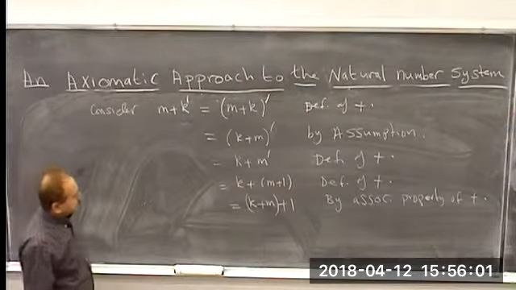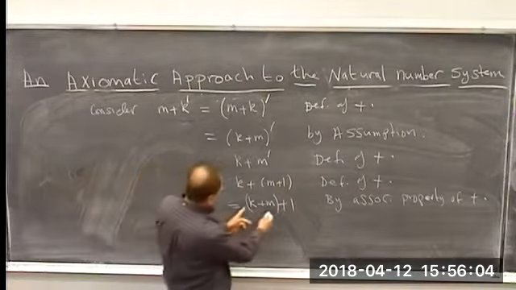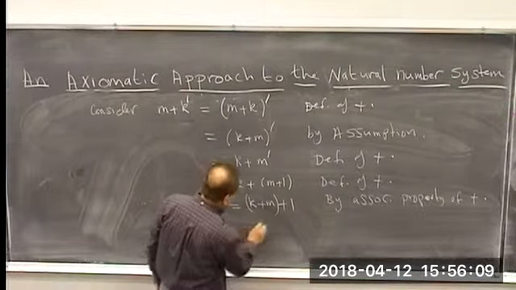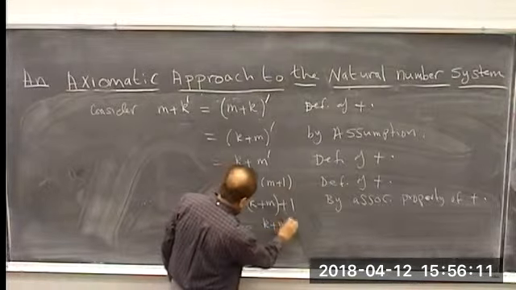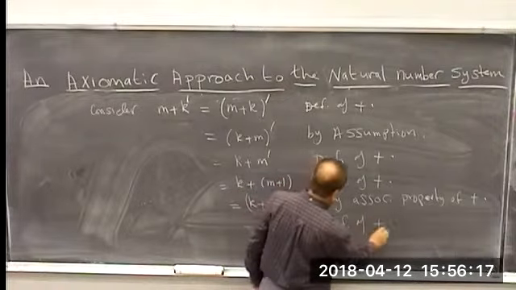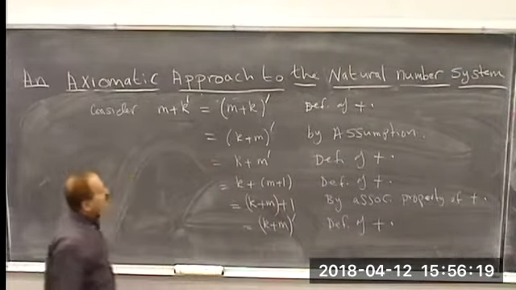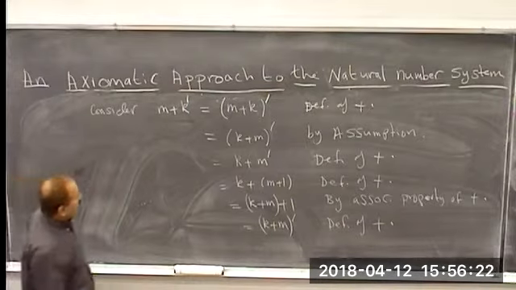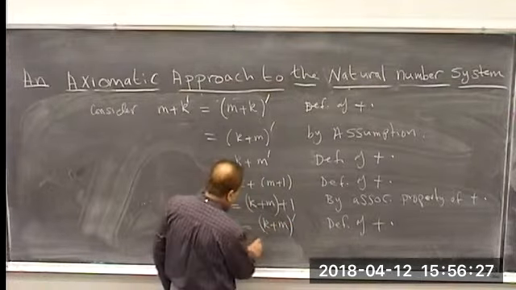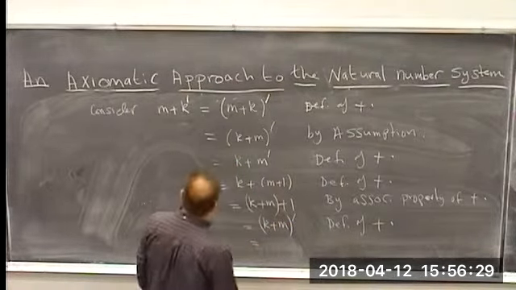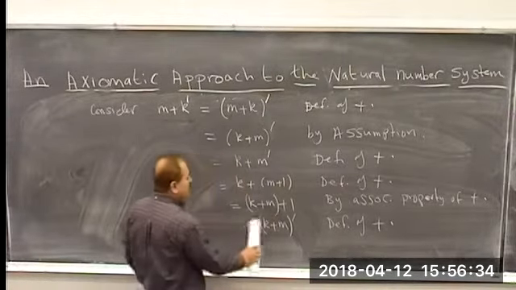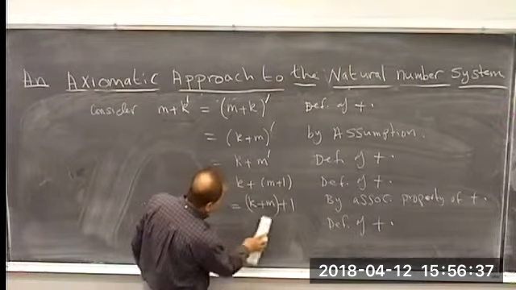Then I'm going to use that we have a natural number plus 1, so this is equal to the successor of it. Okay, definition of addition. And now we need the assumption one more time.